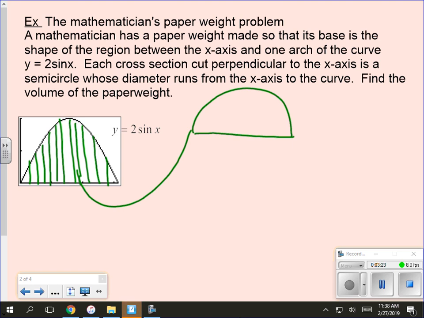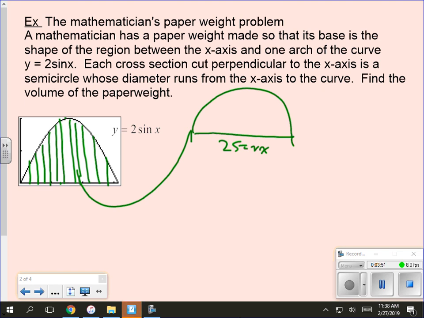The diameter of that semicircle is the distance between the x-axis and the curve 2 sine x. So the diameter is 2 sine x. That's what the problem tells me. Do you see where I'm getting my cross-sectional area? Because that's what you have to be able to identify. This is the most difficult thing, finding the formula for the area.